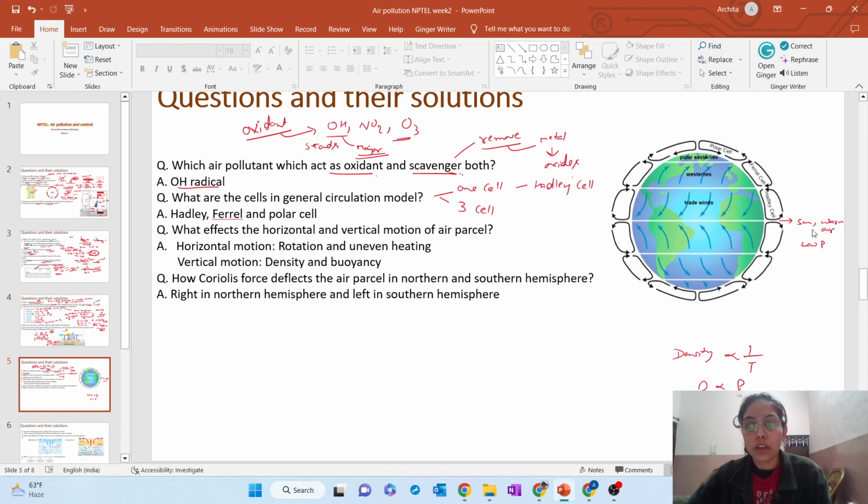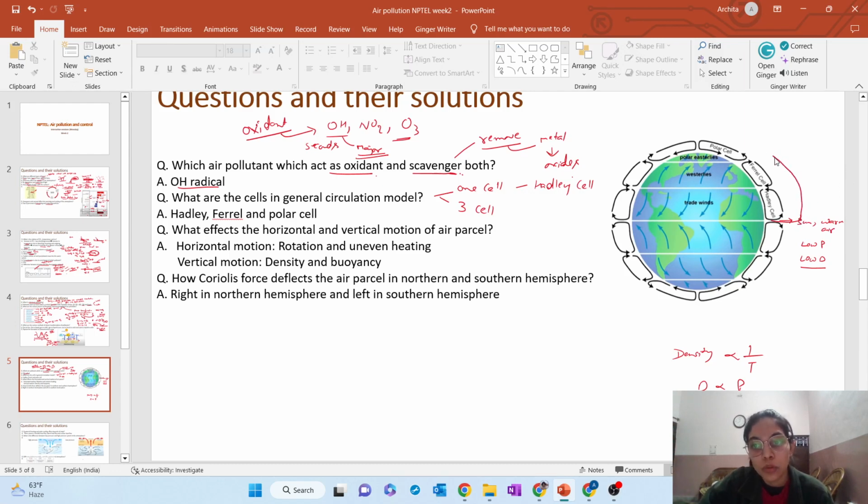So the higher the temperature of the air, the lower its density and the lower its pressure. Anything which has less density, for example a helium balloon, rises. So the Hadley cell concept is that since the equator receives the maximum sunlight, it has the warmest air, and this warm air, because of its low density, rises.